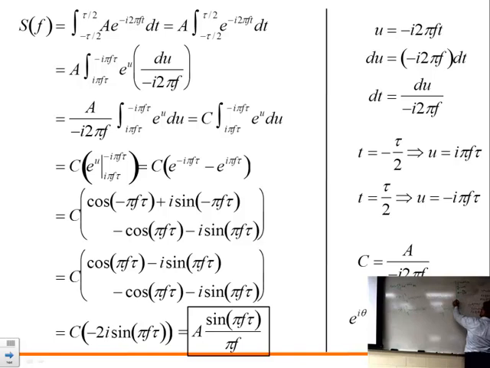So if t is equal to minus tau over 2, what's y? Pi's and tau's get confusing. The 2 cancels, and I'm left with negative pi f tau.